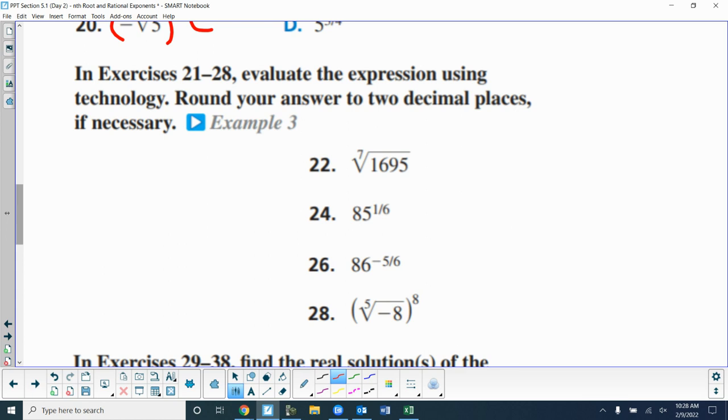Okay, so number 22 was 2.89. 24, let's listen please. 2.10. 26.02 and 28, 27.86. Anybody have issues with any of those? That last one, Sydney?